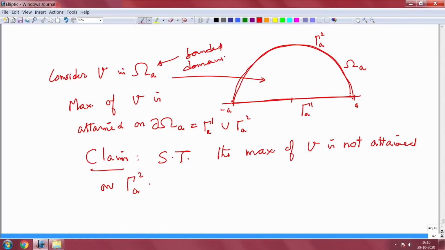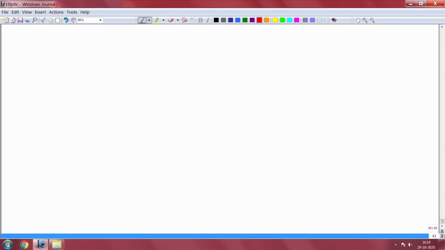And then when epsilon tends to 0, show that the maximum of U is attained on the x axis. Okay. So that is the theorem which you want to prove. Please go through it carefully.